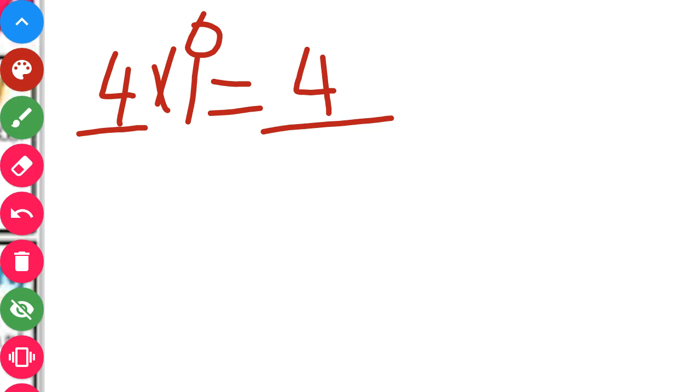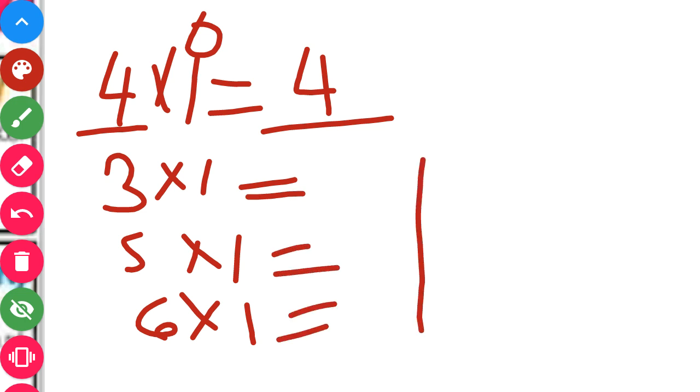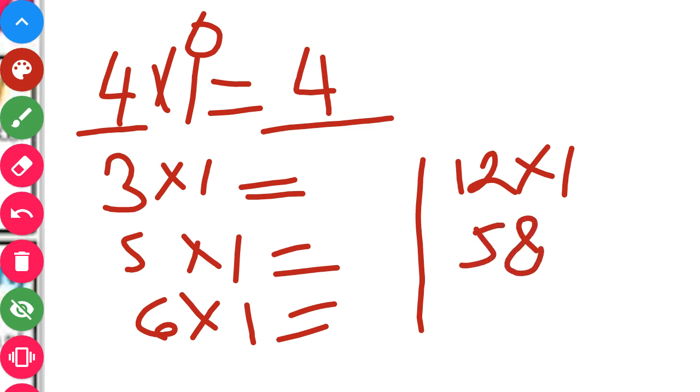Now, 3 into 1 or 5 into 1, 6 into 1, 12 into 1, 58 into 1, whatever the number can be. Whenever we multiply any number by 1, we will always get the answer as the number itself.